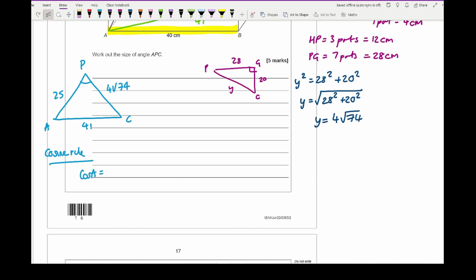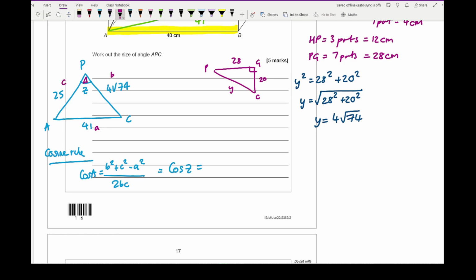So cos A equals b squared plus c squared minus a squared over 2bc. Substituting the values in, I can't call the angle x, I've already used x, so let's call it z. So cos z is equal to, and labeling the triangle, if this is a, that's going to be little a, that's going to be b, and that's going to be c.